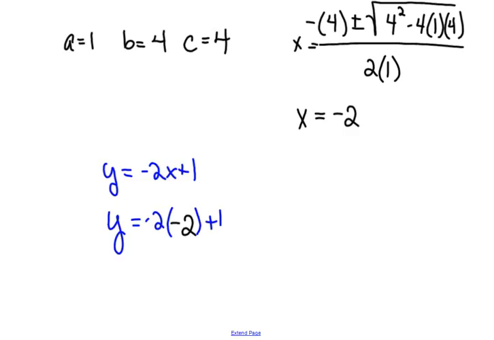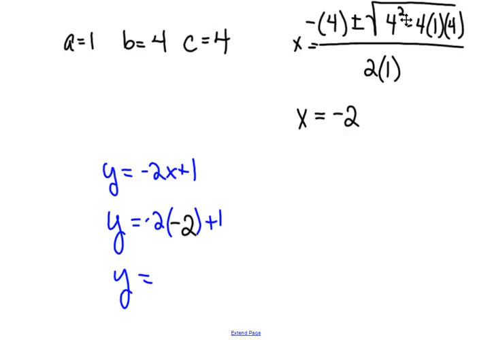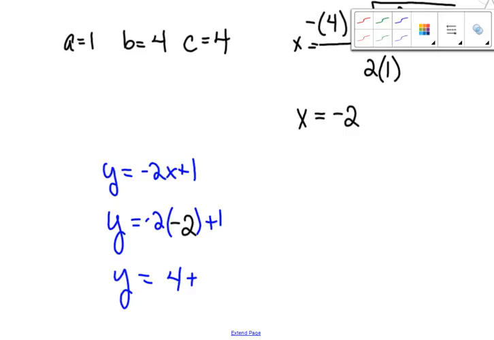In this case, the value of y is equal to 4 plus 1, which equals 5. So my ordered pair for my solution here is negative 2 and 5.